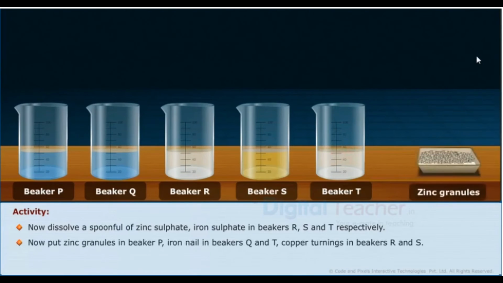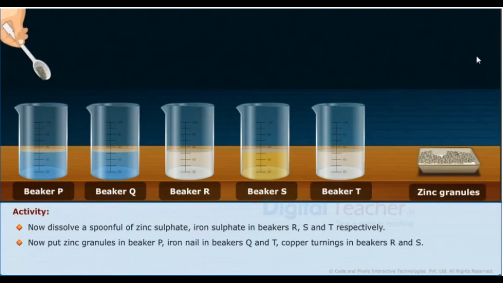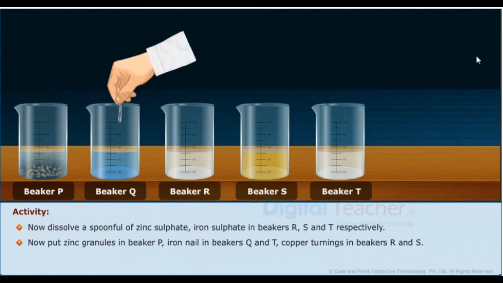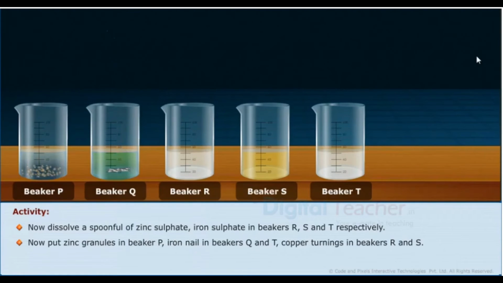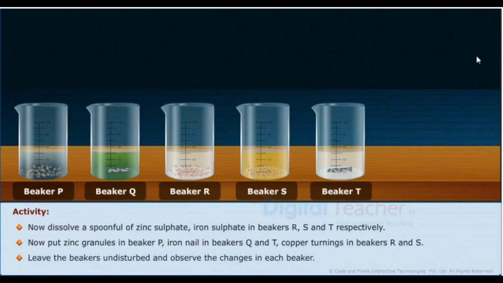Now put zinc granules in beaker P, iron nail in beakers Q and T, copper turnings in beakers R and S. Leave the beakers undisturbed and observe the changes in each beaker.